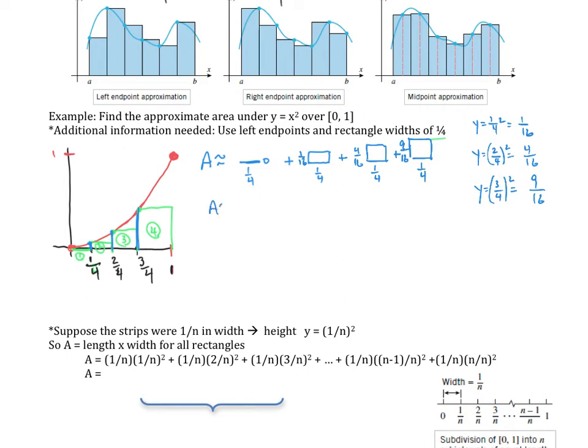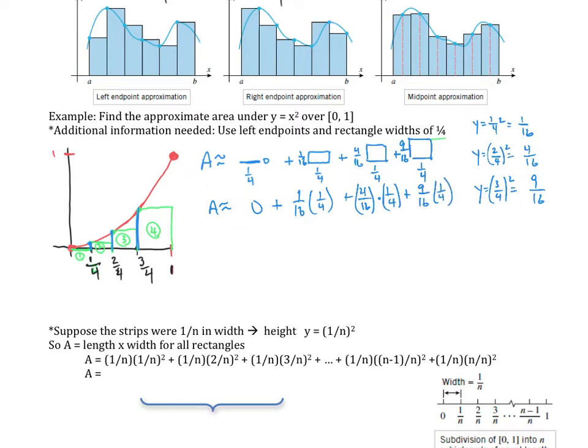So the area will be approximately 0 plus, over here when I multiply these, I'm going to get 1/16 times 1/4 plus 4/16 times 1/4 plus 9/16 times 1/4.